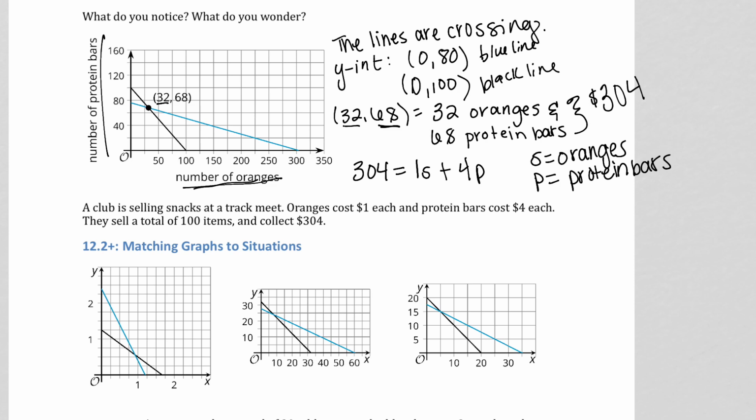Continue to use the S and the P. There's one other equation we can get. We already used the $1 each, the $4 each, and the 304. What is left for me to use? The 100. What could my equation be with the 100?